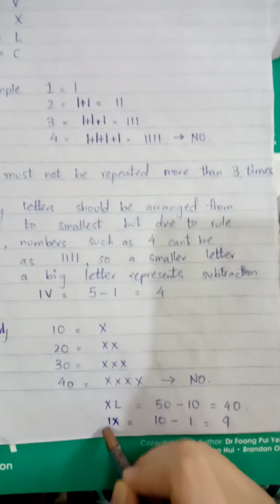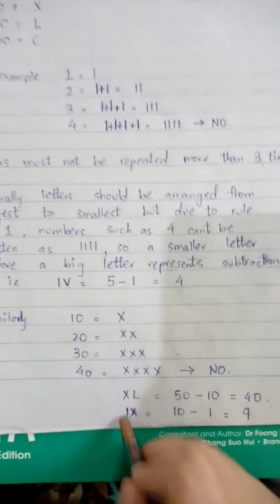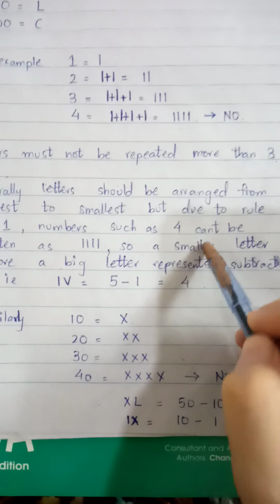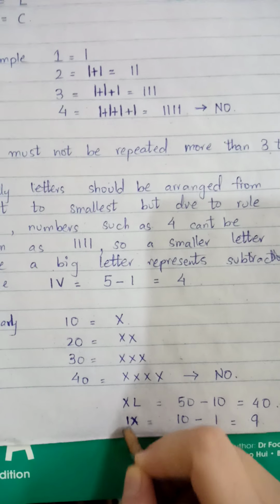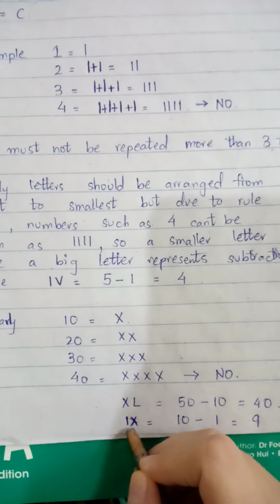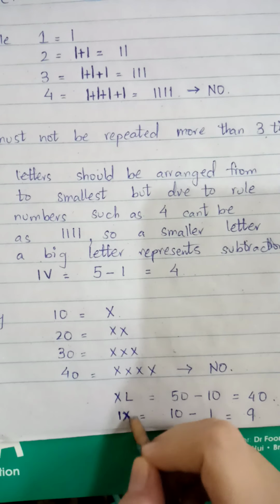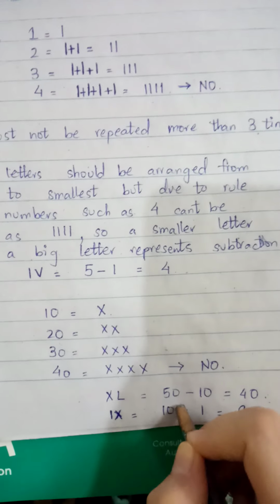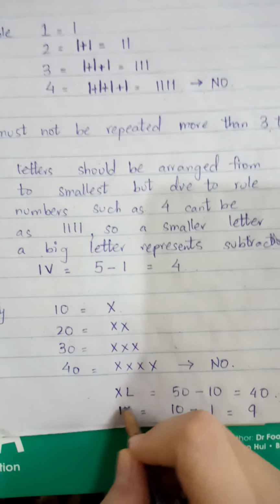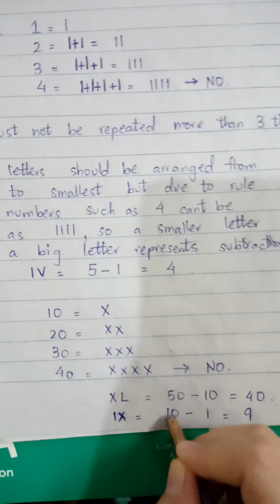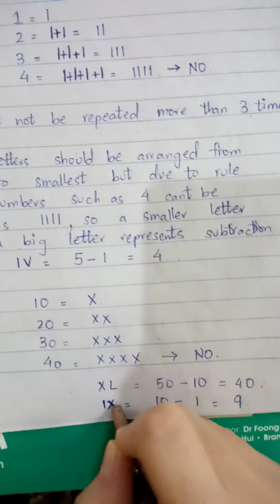Now, since the value of I is smaller than the value of X, and as I know that rule number 2 tells us that whenever we place the letter whose value is smaller as compared to the letter whose value is greater, we will perform subtraction. So that is why I am subtracting these two digits from each other. And I will write it like this, 10 minus 1, it becomes 9. So this is how I will write 9.